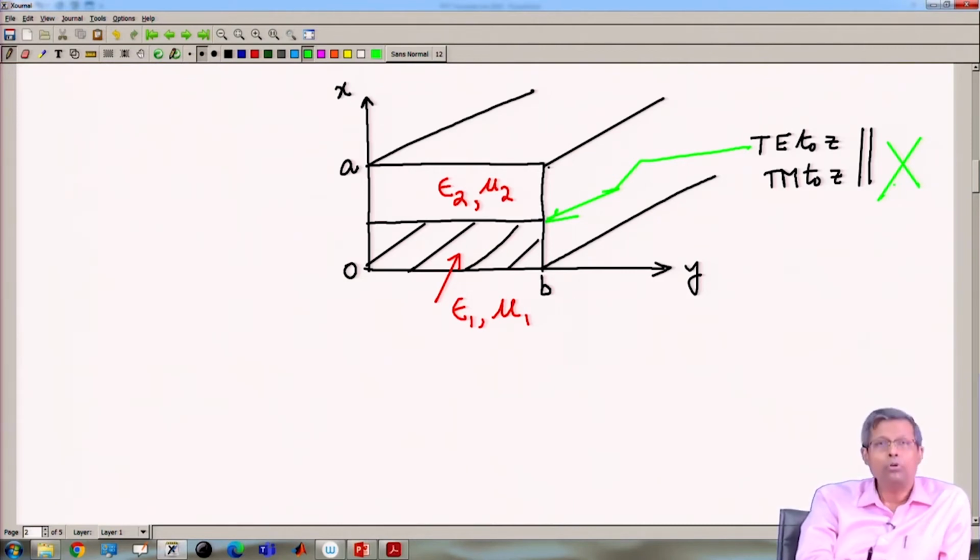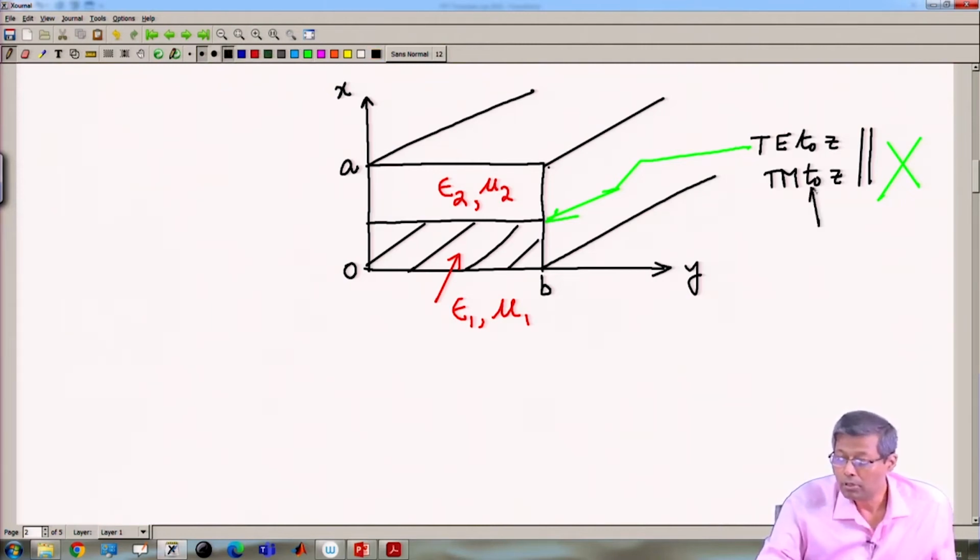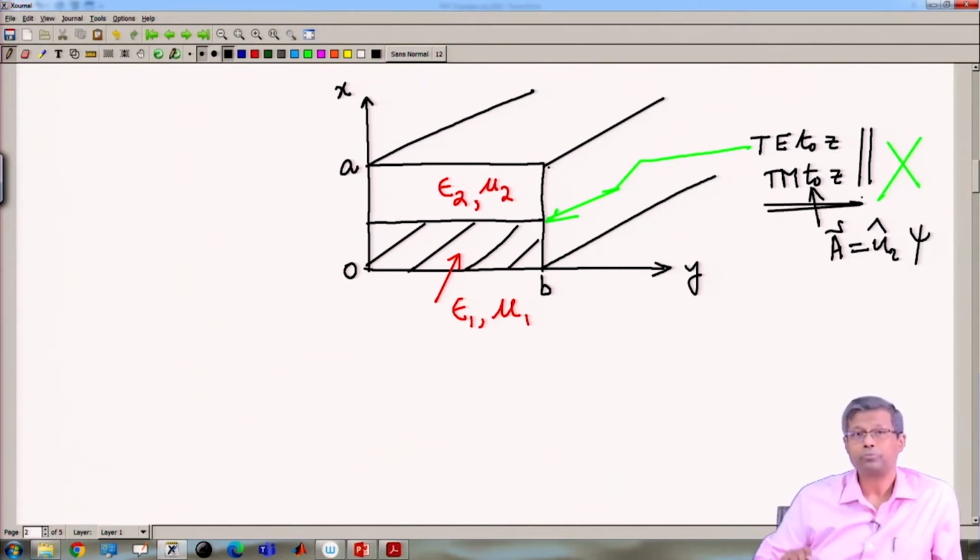So, what do we have to do? We have to choose an alternate potential function. In the rectangular coordinate system, there are 3 choices of potential functions. For this choice, we selected A equal to u z psi. That is how we landed with the TMz modes.